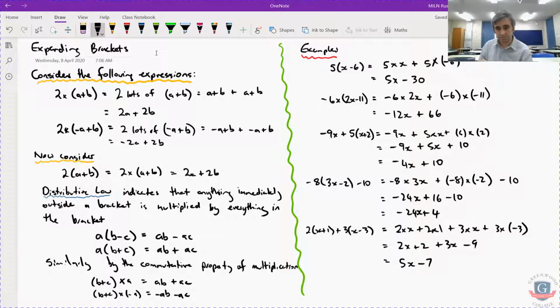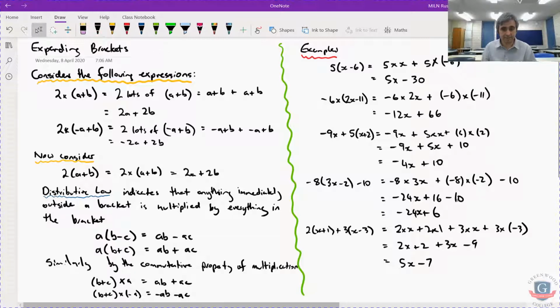Oops. 10, 16 take 10 is 6. Oops, that one's right. This one's wrong. I'm sure you all noticed that. Negative 4x plus 10. Negative 12x squared. Oh, what's going on here? Oh, I just did a different example. That's okay. And 5x take 30. Brilliant. And that's the end of that little exercise.